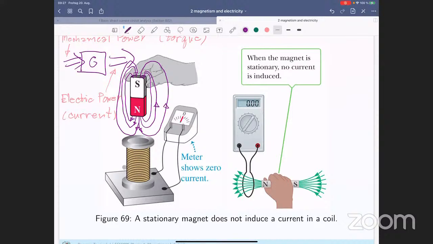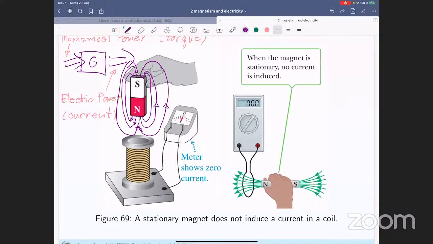connected to the coil, the solenoid inside here. I don't know how many turns they have, but there are several turns. One end of the solenoid is connected to the connector, and the other end of the connector is connected to the ammeter. We want to observe, is there any current movement inside this coil?